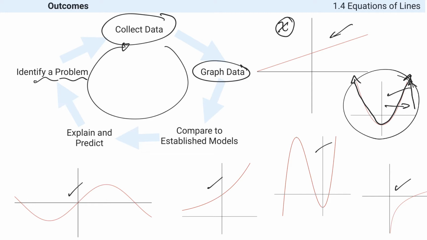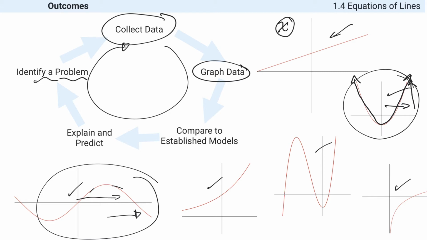Or given a length of time, we can see what the blood pressure might be in a vessel, that kind of thing. So if I can model some data to some kind of a function, then that gives me power that I can predict what that situation might be in a given amount of time.